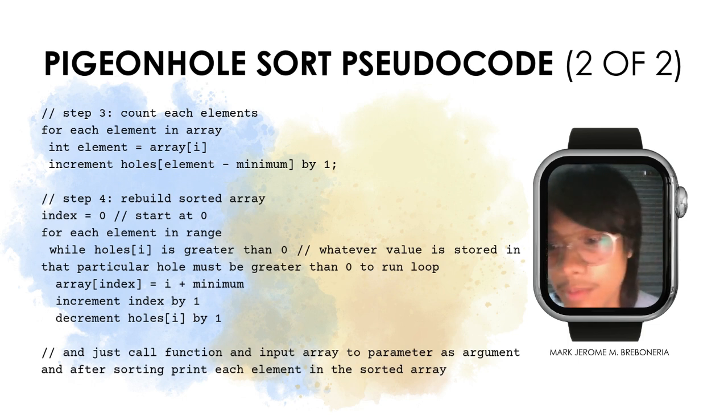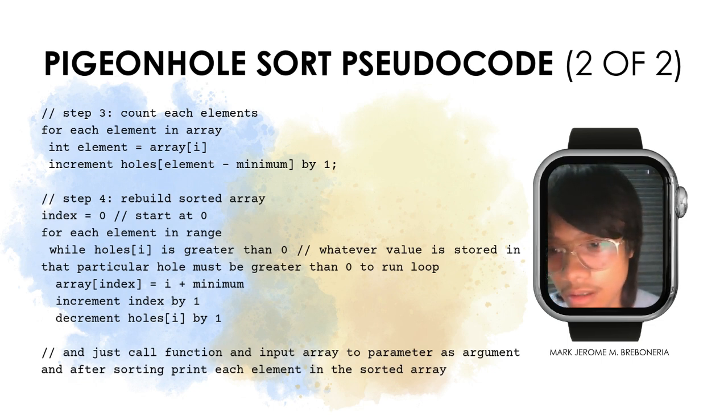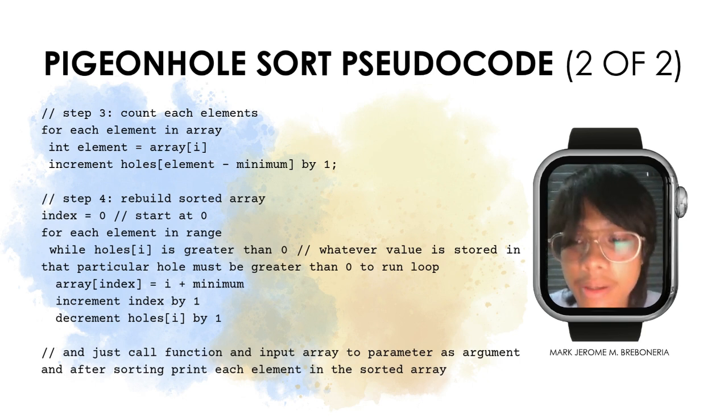Now, for example, there's 2 5s in the array, so another 5 minus the minimum, which is 4, and then we add 1 again to that specific index in the holes list. So it means that there are 2 elements counted in hole 1.